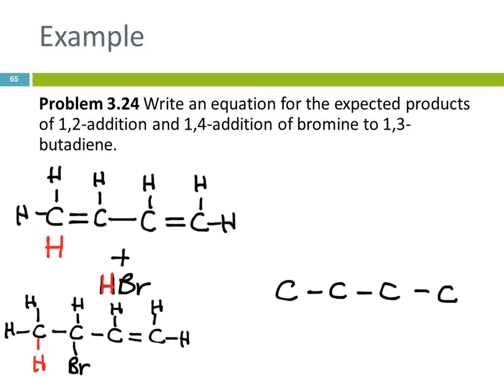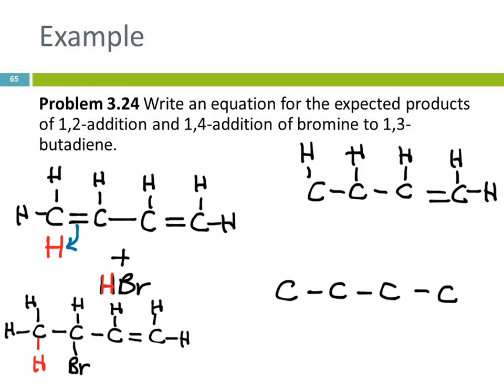That hydrogen is going to go to the number 1 carbon. It's going to form a bond there, and then we're going to end up with a carbocation. So there we've got a bond, and then this guy's positive. This is an allylic carbocation because on the neighboring carbon there's a double bond.